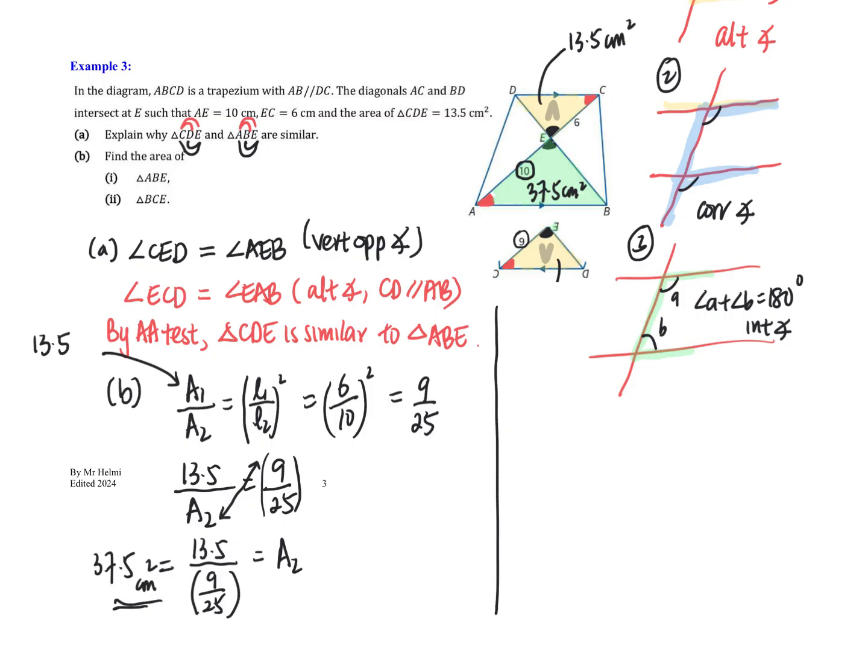Are we able to find BCE? I have A, B, E. I have C, D, E. But the two are not similar. I can't find BCE.